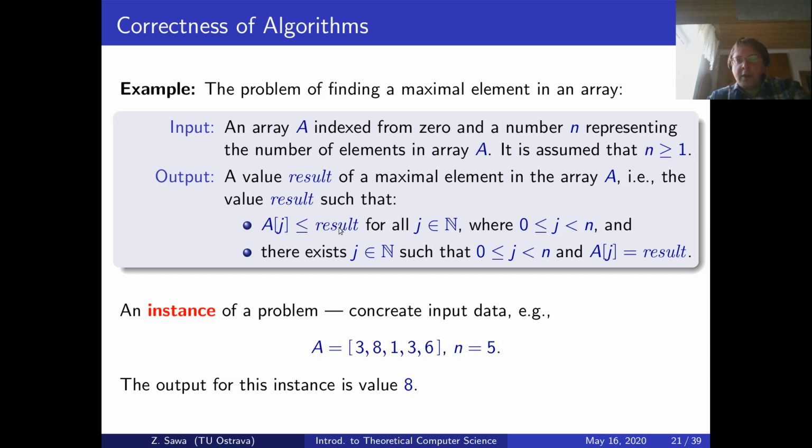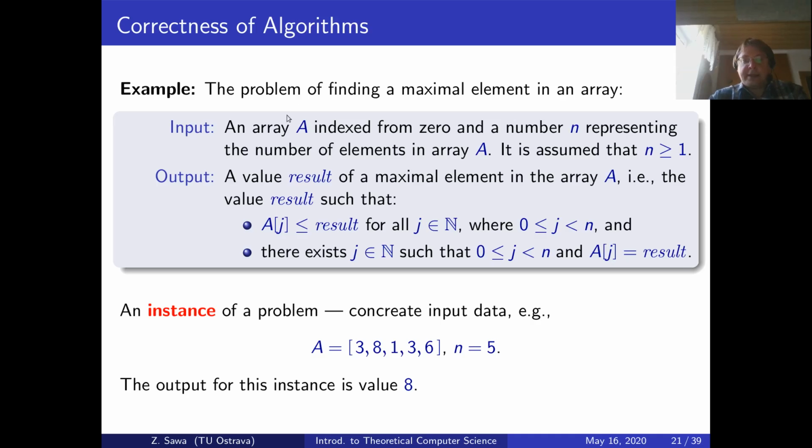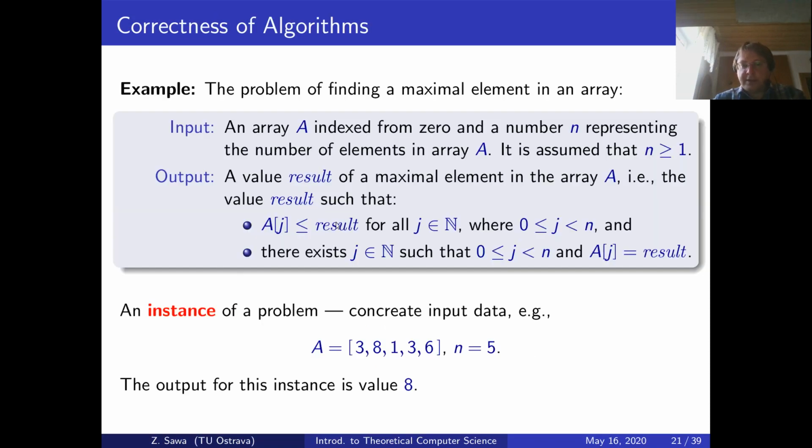So the correctness of this algorithm means that if I take an arbitrary instance that corresponds to this specification of possible inputs, it should be the case that after a finite number of steps this algorithm will halt and will produce a result that satisfies this condition.